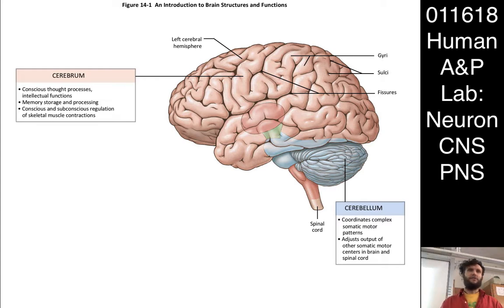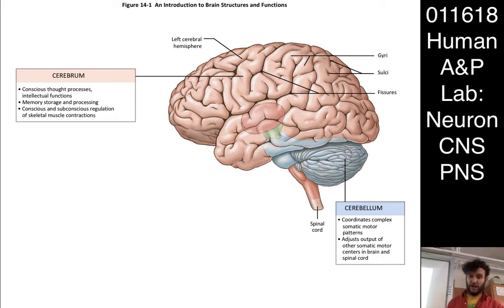This is what's going to give you your conscious thought, all the supposedly higher order aspects of cognition. This is where the bulk of our memory storage is.